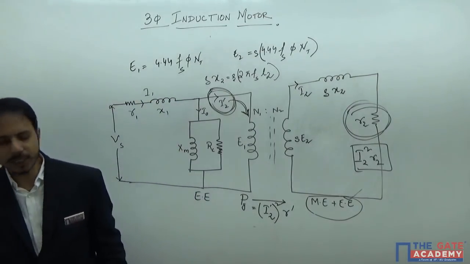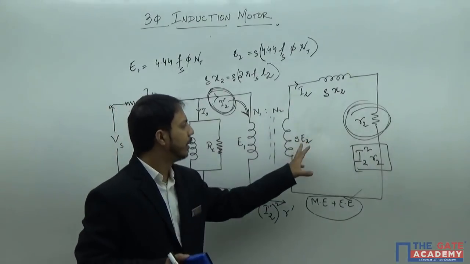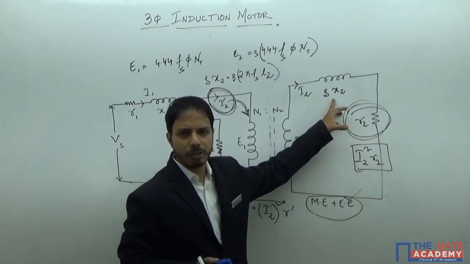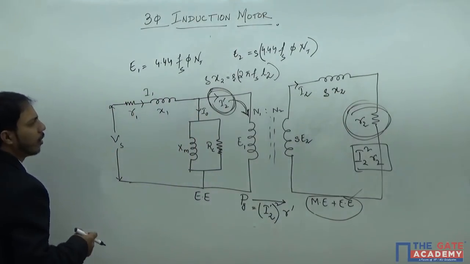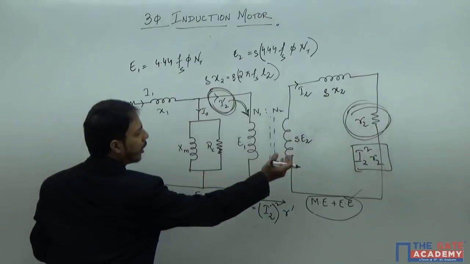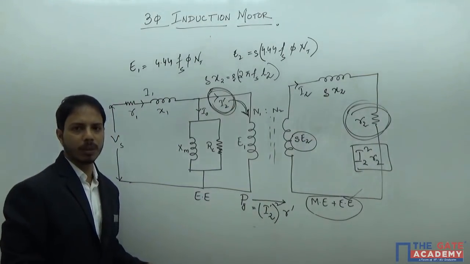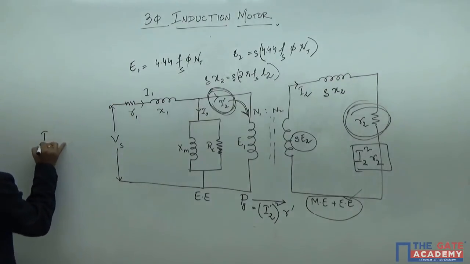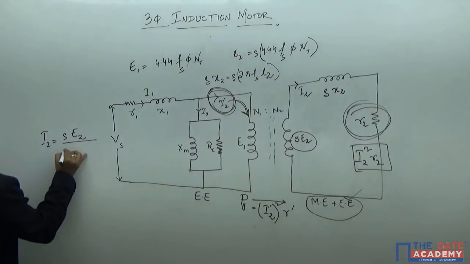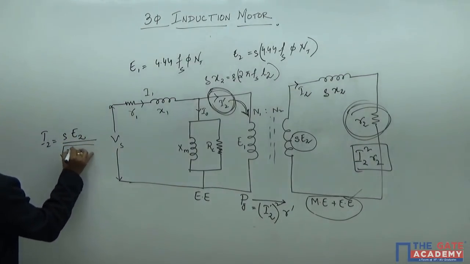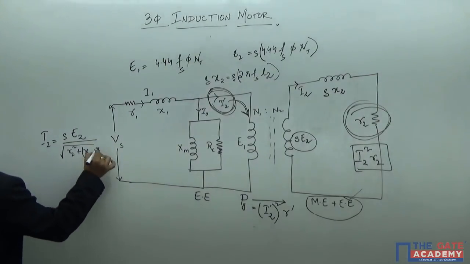To find that, the technique is to remove the dependency of the frequency from here. That means if I need to refer it to this side, I have to make this independent of slip. So I know that I2 is equal to S E2 by square root of R2 square plus (S X2) whole square.